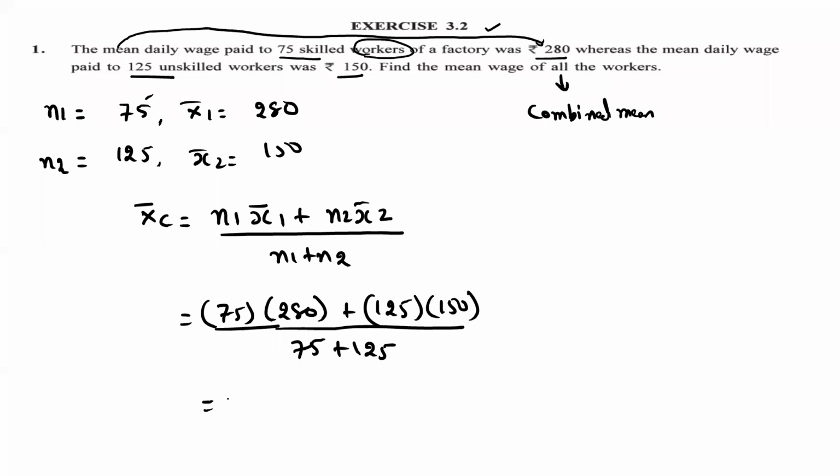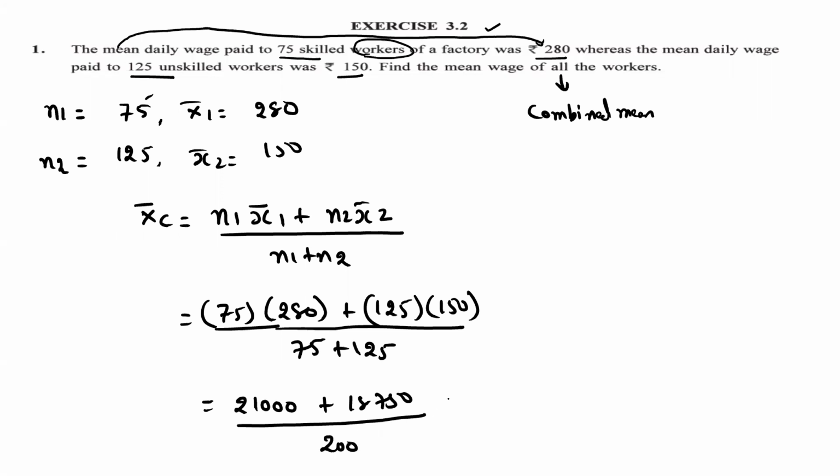Roll number 5, please say to me, what is the value of 75 into 280? 21,000. Plus 125 into 150, which is 18,750. 75 plus 125 is 200.